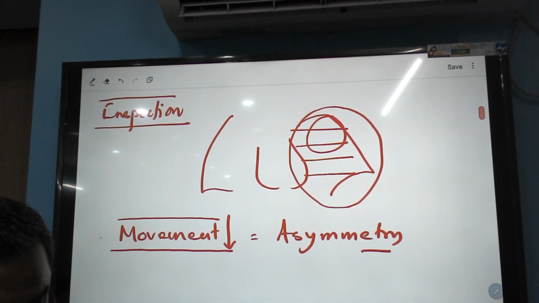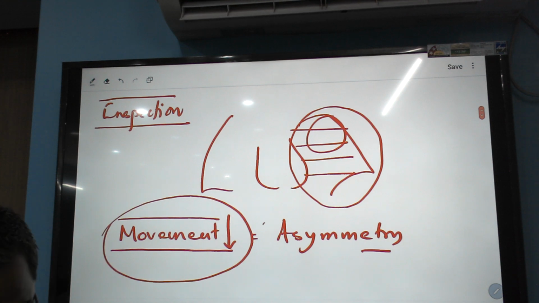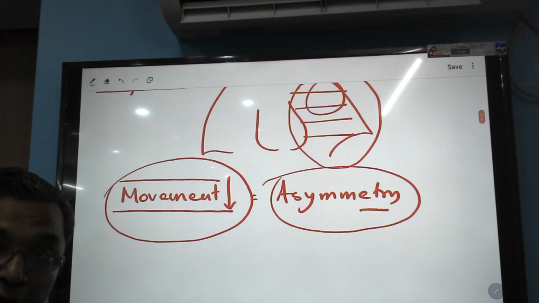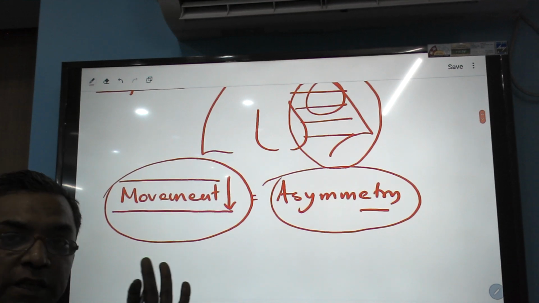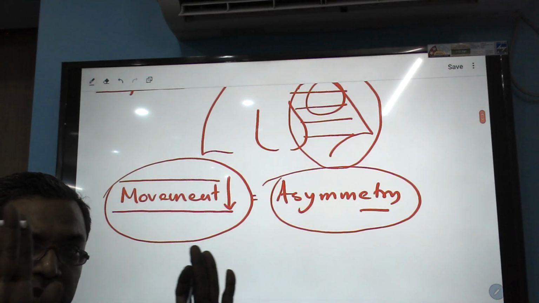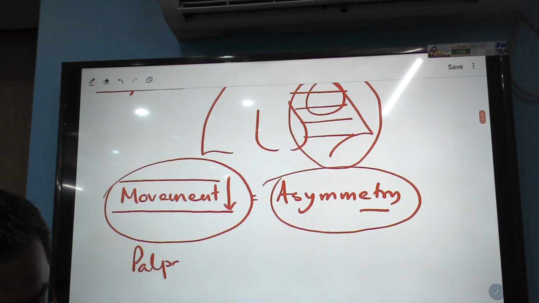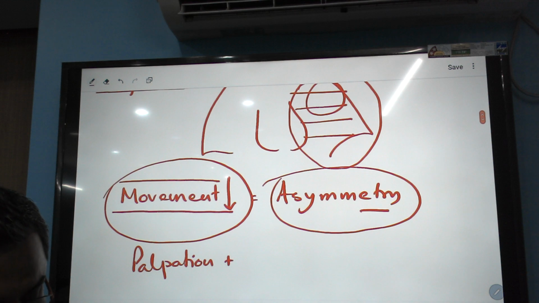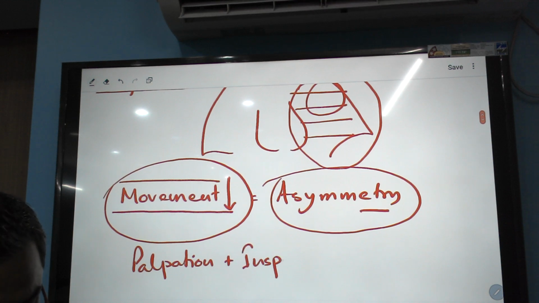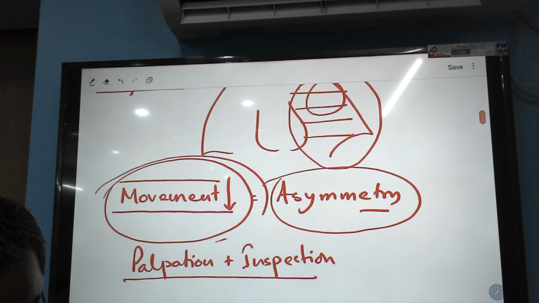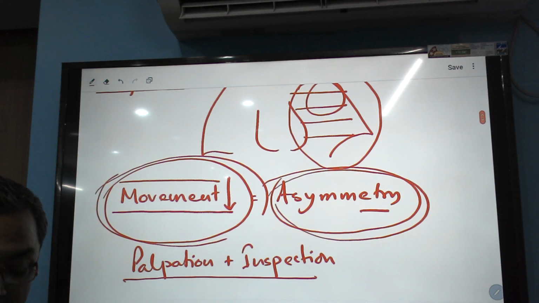The same thing, a less movement or asymmetry, we can also feel it হাত রেখে যখন we palpate the chest movement. So in inspection and in palpation, in both we may get a finding যেটা হচ্ছে এইটা যে movement of the chest wall is diminished or there is asymmetry of the chest movement.